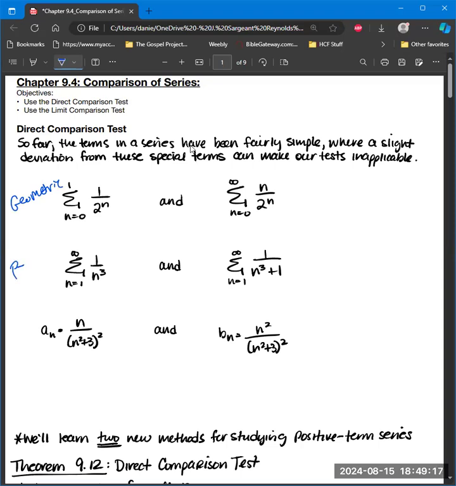The next one, we have a p-series of 1 over n cubed. And so if I make that 1 over n cubed plus 1, it's not a p-series anymore, and I can't use the p-series test. The last one is one that I would use the integral test for.